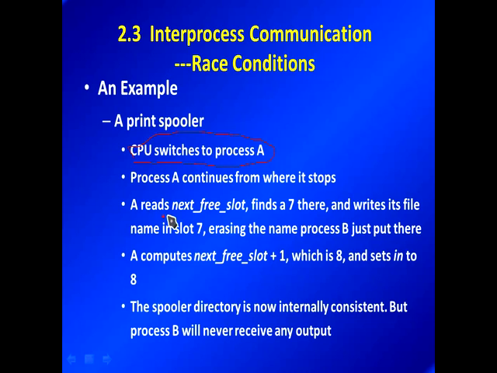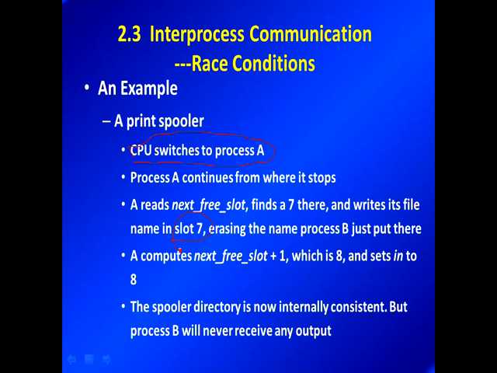It means process A needs to put its file in slot 7, because when A checks the value of in, it's 7, right? Process A has no idea process B already put process B's file in slot 7.